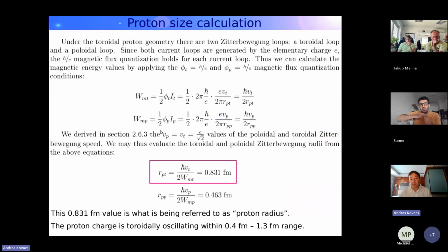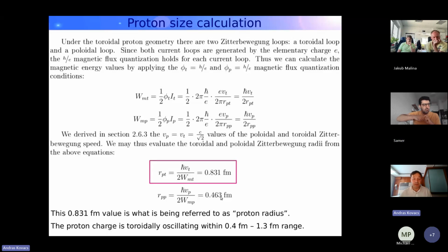And the Zitterbewegung speed we already know, because in both poloidal and toroidal direction, this is c/√2. So the only unknowns here are the toroidal radius and the poloidal radius. And since we know everything else, we can calculate these values. And what we get is 0.83 femtometer toroidal radius and 0.46 femtometer poloidal radius.